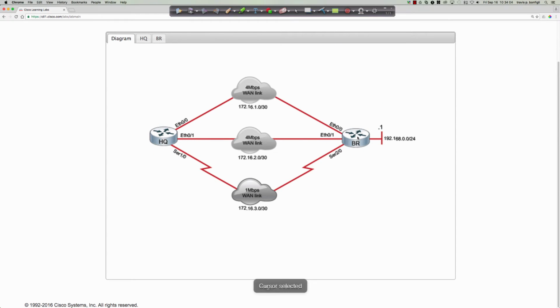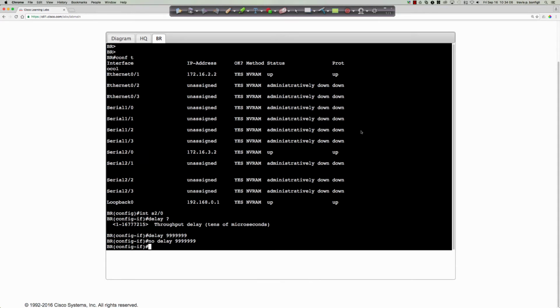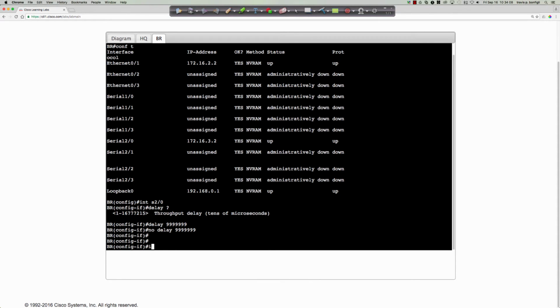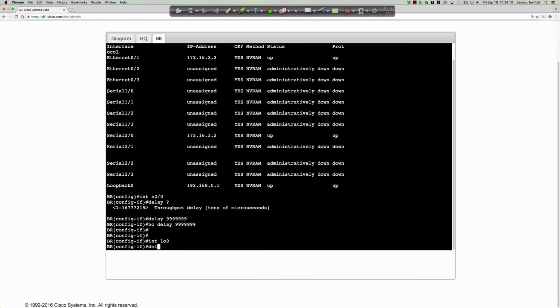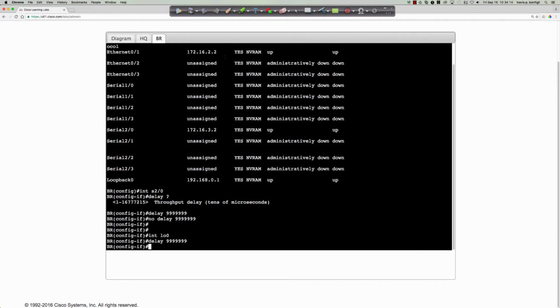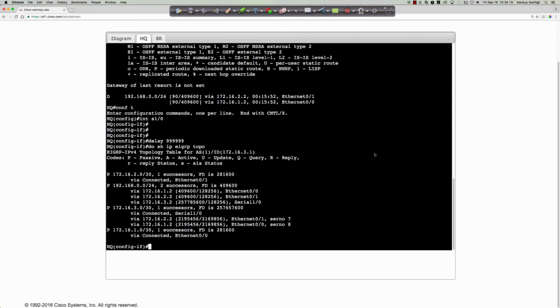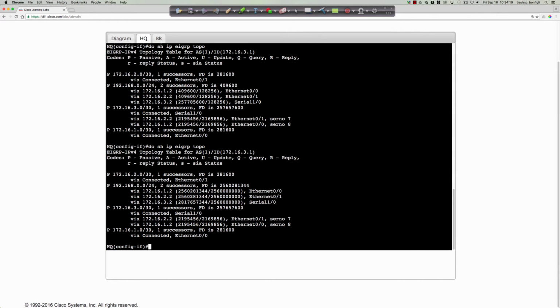So let's come back to the branch router and let's see what happens if I go into loopback 0 and say delay 3, 4, 5, 6, and we'll put a 7th one in there. Now when I come over to the HQ router and say do show IP EIGRP topology, take a look at what happened. Yeah, it manipulated the delay, but it did it for whom?